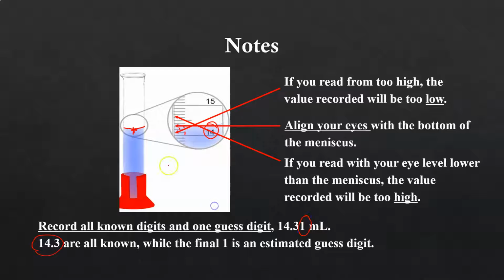If it lands directly on the line, you would guess 14.30. You always have to have one guess digit. And this is called your uncertain digit. Okay, and you always have to have it. And it's only one.